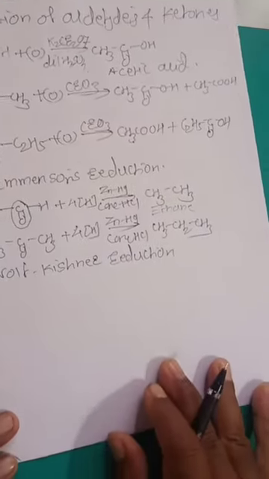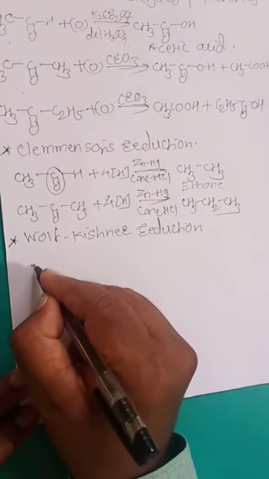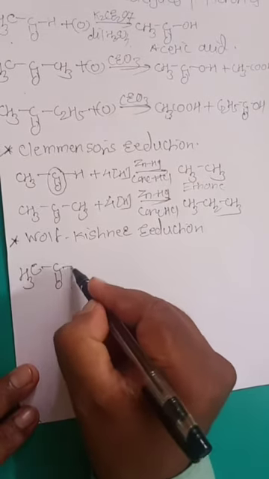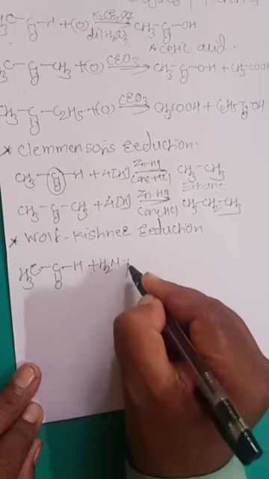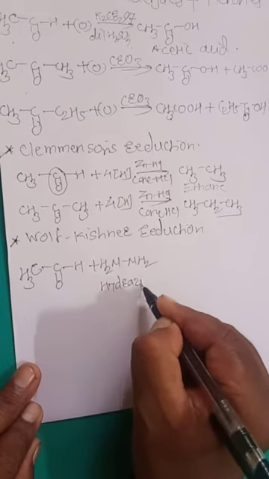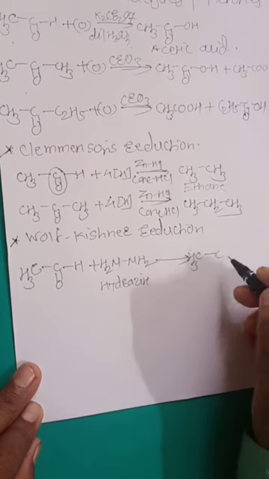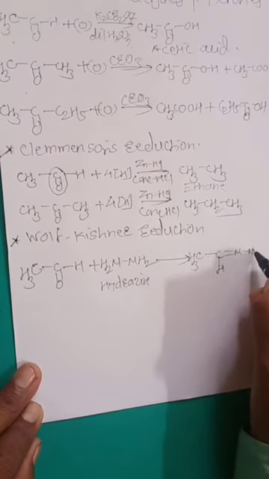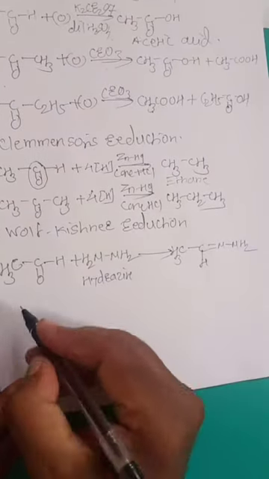For this Wolff-Kishner reduction, if we take example of aldehyde CH3CH double bond O, when it is treated with H2NNH2, that is hydrazine, it gives addition product, that is CH3CH double bond NNH2. So formation of corresponding hydrazone takes place.